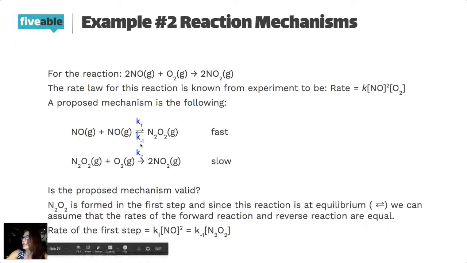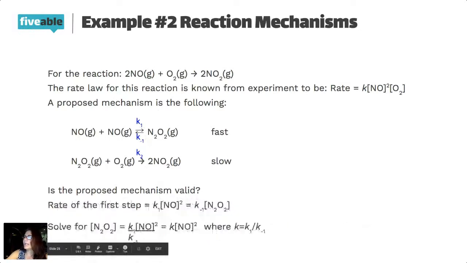So that's how we can assume that K1 times the concentration of nitrogen monoxide to the power of 2 is equal to the rate of the reverse, K minus 1 times the concentration of N2O2. From here, we solve for N2O2, so we pass this K minus 1 dividing, and we will have this rate law.